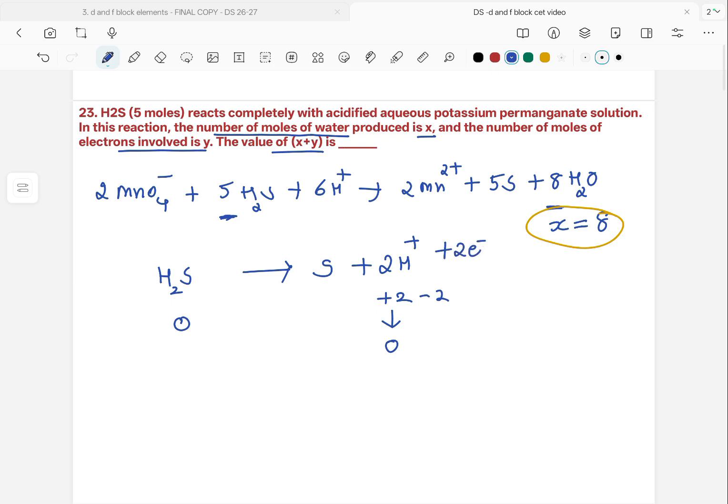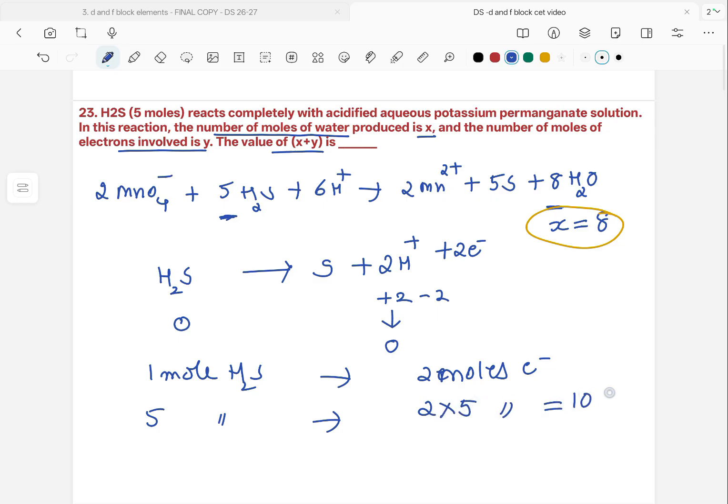From this equation we understood 1 mole of H2S requires 2 moles of electrons. So 5 moles of H2S requires 2 into 5 moles of electrons, that is equal to 10, which is nothing but Y. And our question is, what is the value of X plus Y? That is equal to 8 plus 10, that is equal to 18. So our answer will be 18 here.